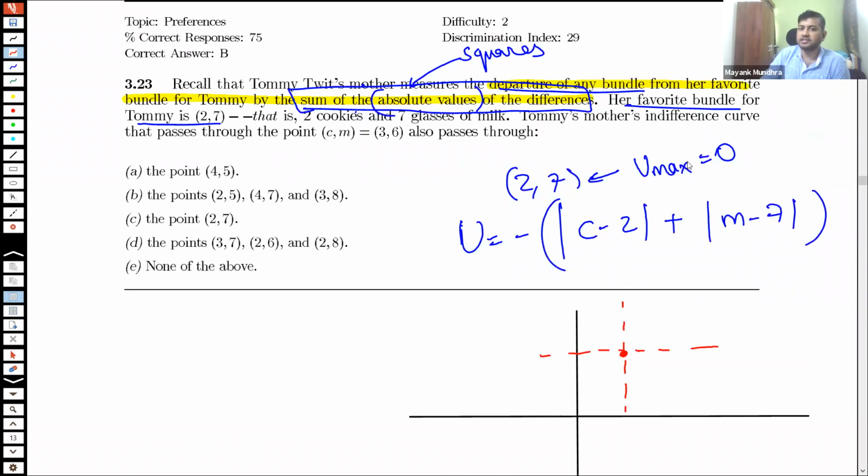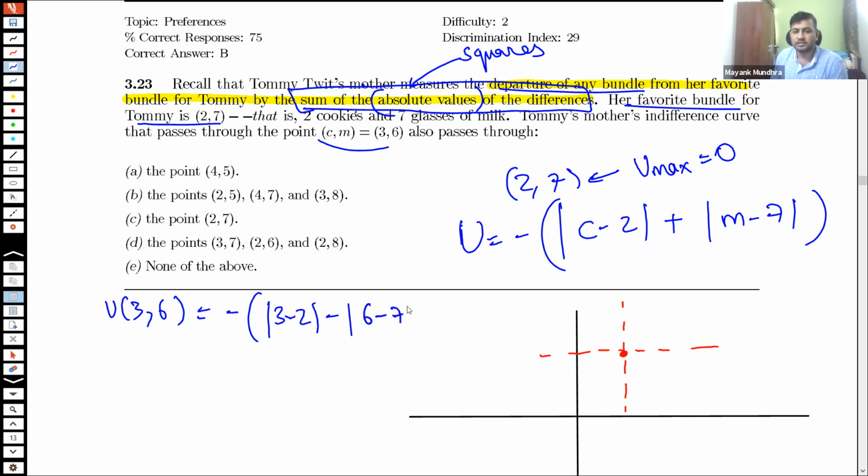First of all, you can just substitute the values and check. Once you have this utility function, the answer is very straightforward. You can substitute the values and check. So let me put 3,6. The utility at 3,6 is going to be negative of mod 3 minus 2 minus mod of 6 minus 7.